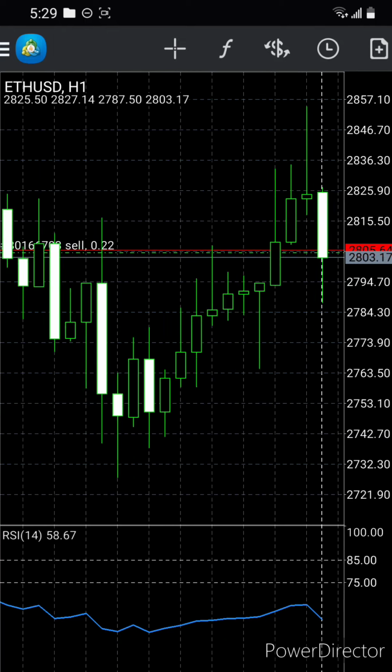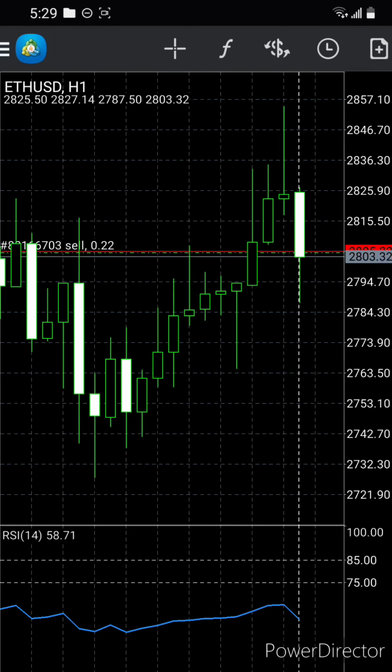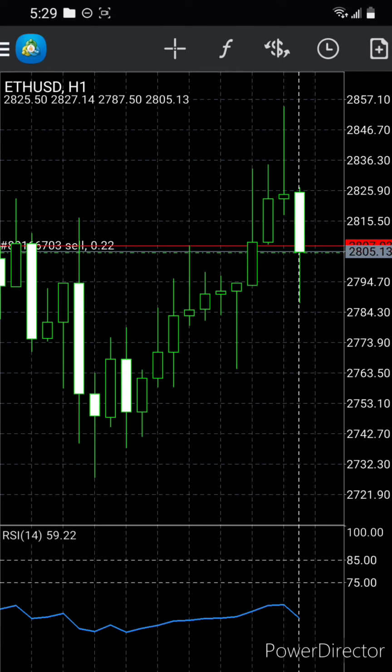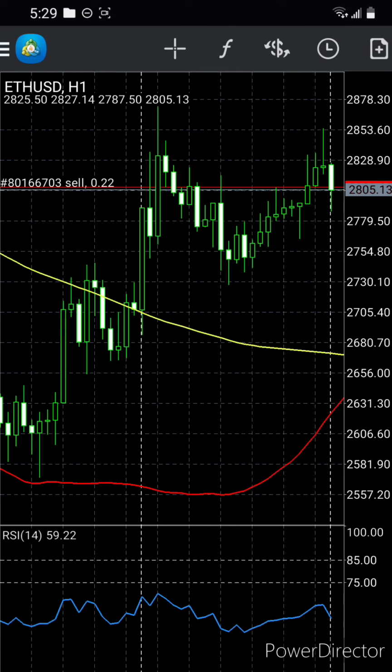That means either a lot of buyers or a lot of sellers are getting in. Which is the true one? I would say the bears. It's been bearish the whole 30 minutes.